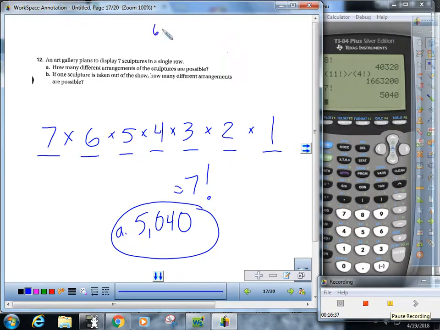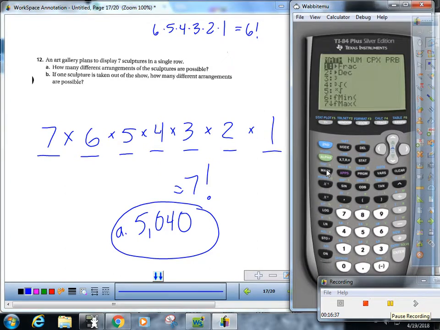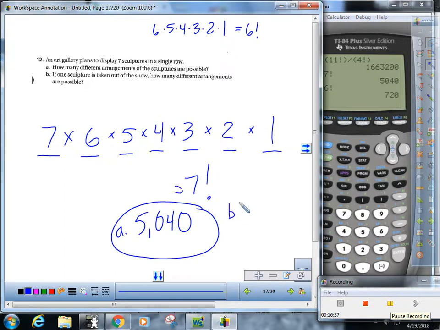Well, then that one would be 6 times 5 times 4 times 3 times 2 times 1, which is equal to 6 factorial. 6, math, prob, factorial, enter. So notice, just taking one sculpture out reduces the amount of options you have for your display by so much. Okay?